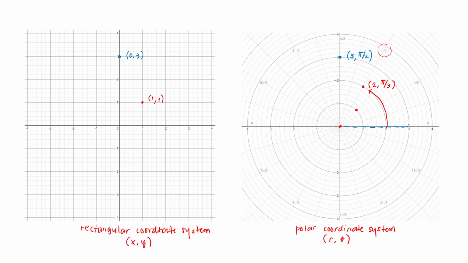Then you displace your radial distance 90 degrees counterclockwise, so that is where your point is. That is the difference between the two systems: we have the same points, but they are represented by two different coordinate systems.